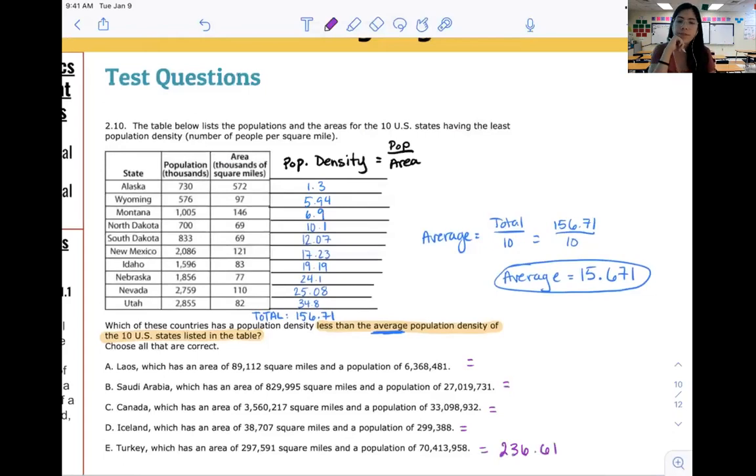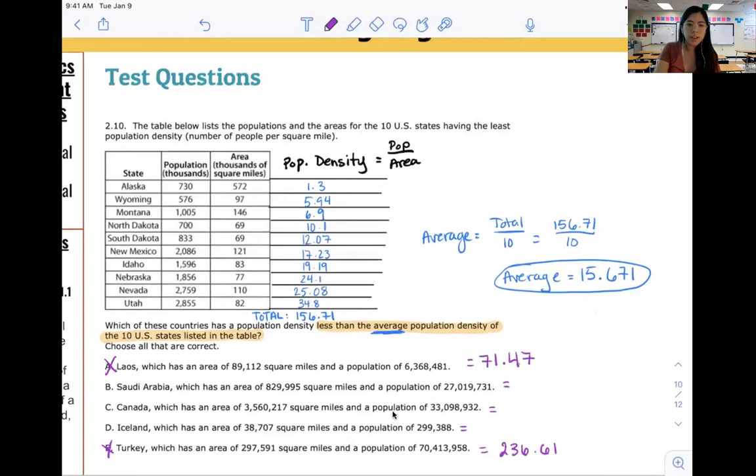So Turkey, a little bit too big for Turkey. That one's out. All right, Laos. Rios just got back to me with 71.47. Also too high. We're looking for anything under.